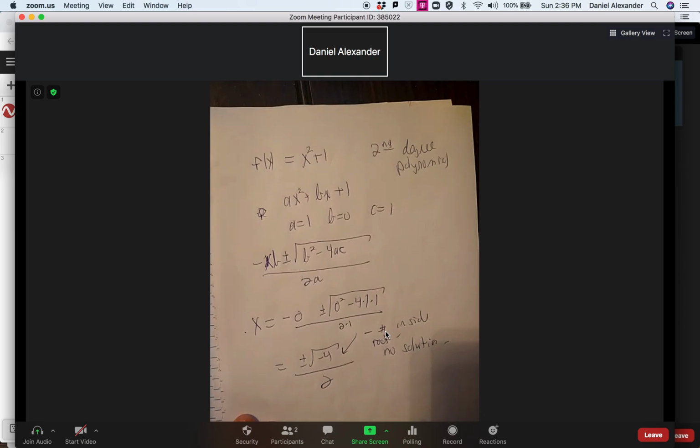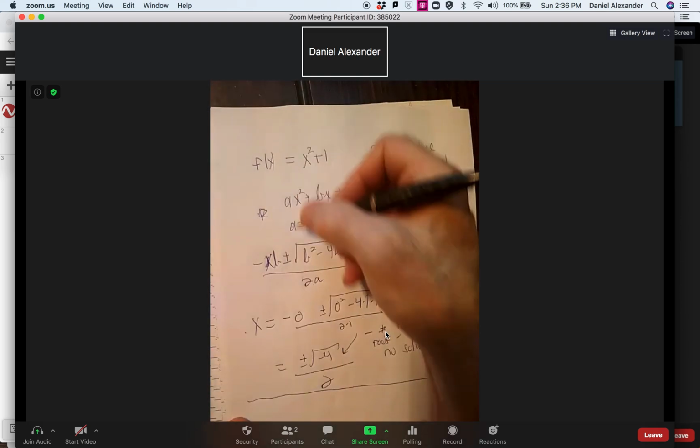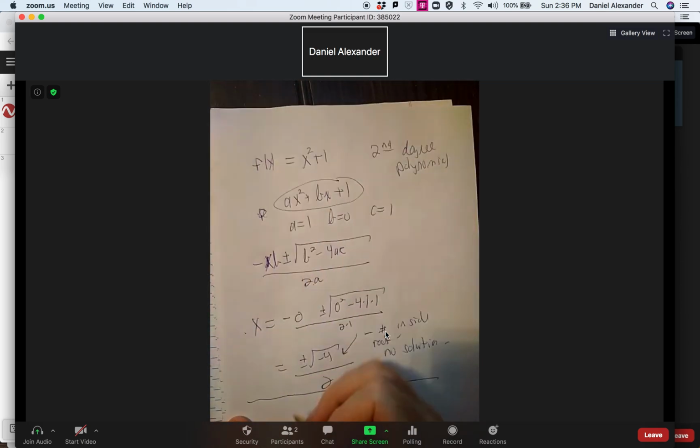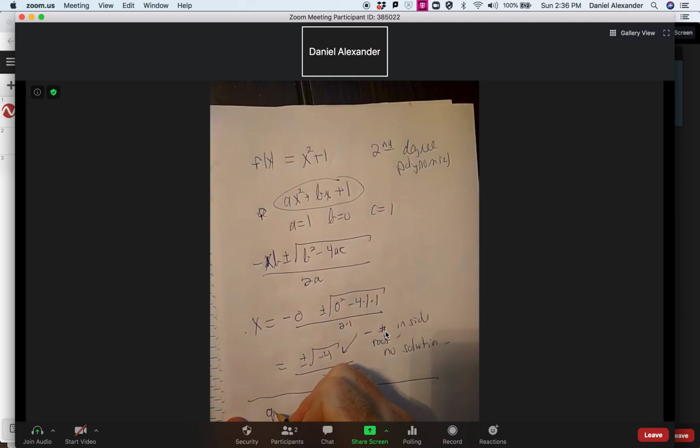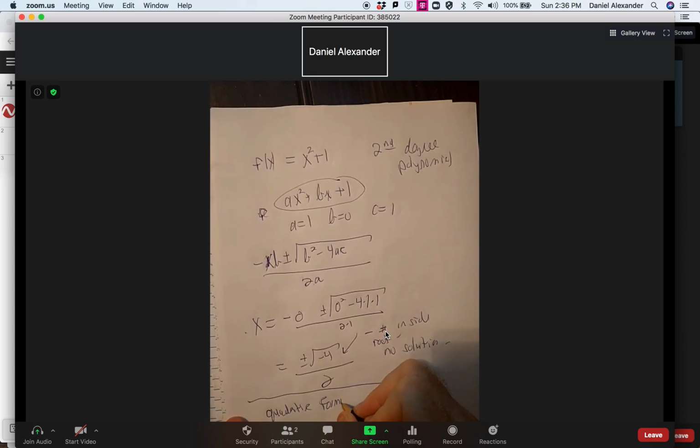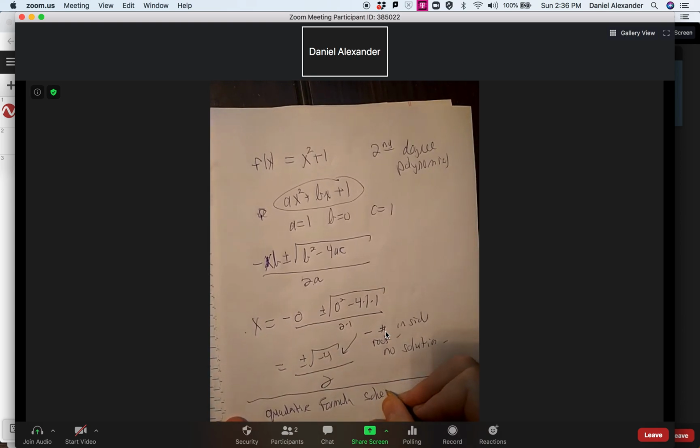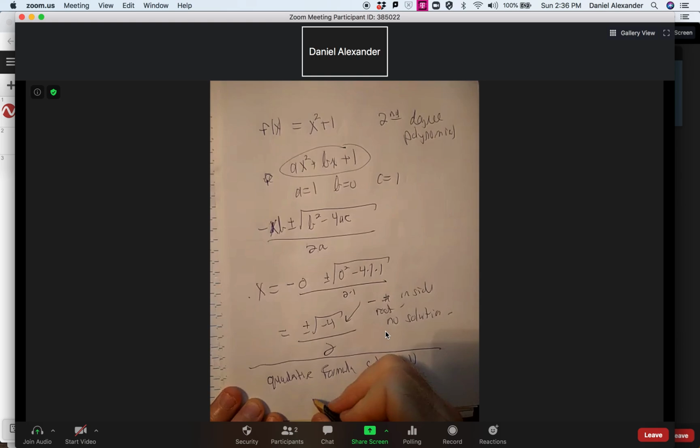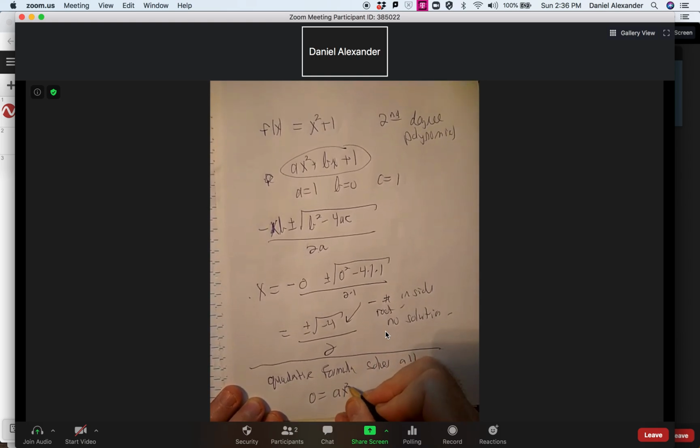Now, notice that the quadratic formula solves all things that look like this. So we can find the zeros here.